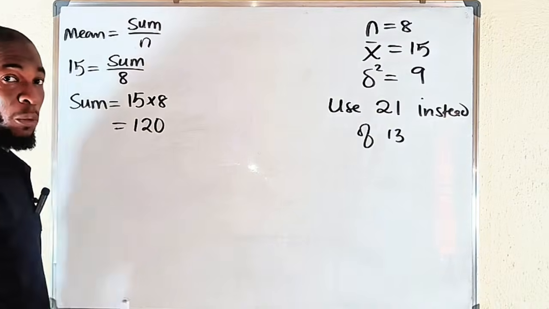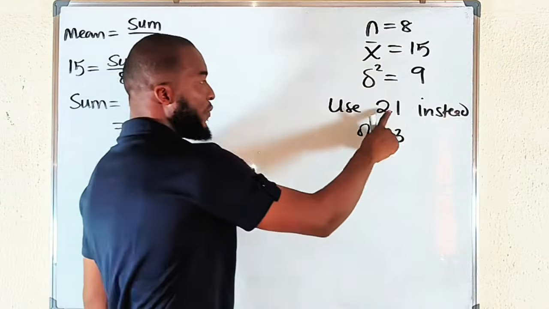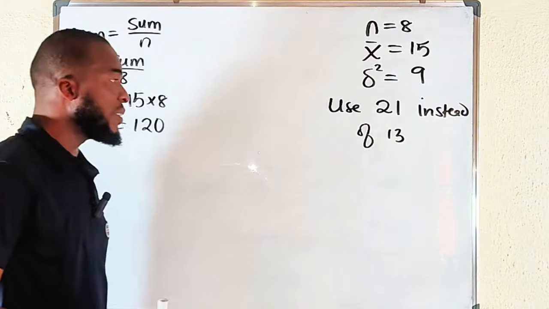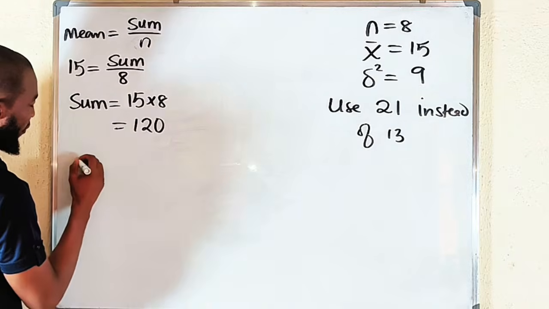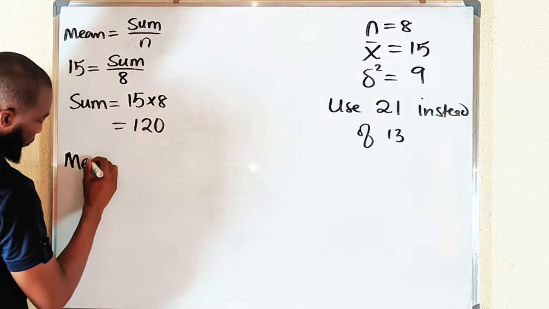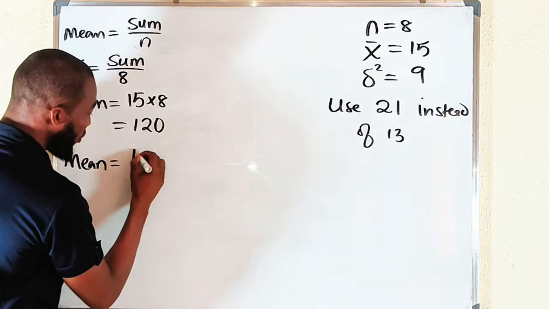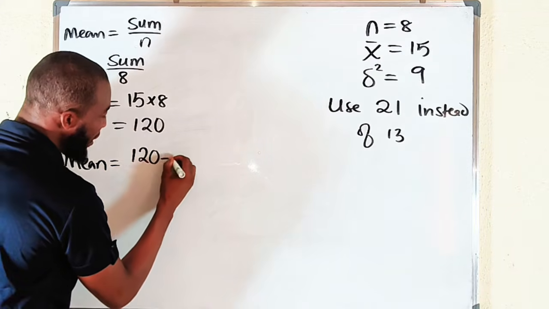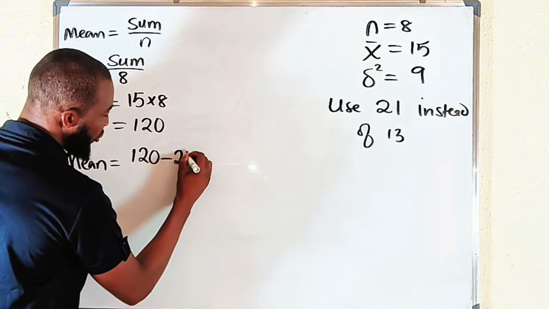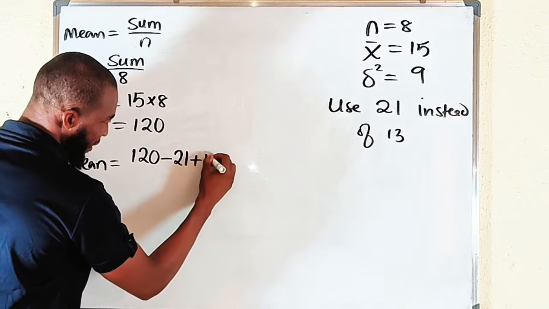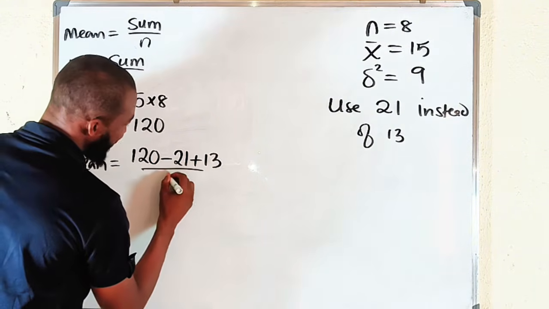So the sum of all the items is equal to 120. Now, since we know the sum of all the items, we can remove 21 and replace it with 13. So to find the actual mean, it is equal to the sum of items, which is going to be 120. Please remove that number 21 and add 13, then divide by 8.